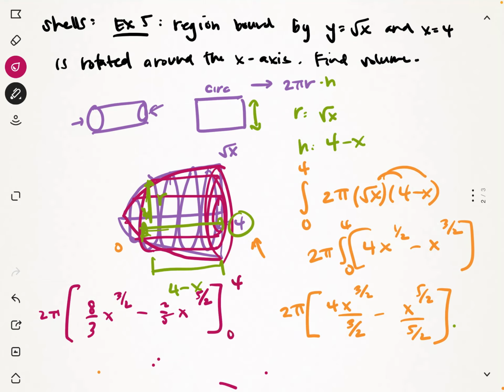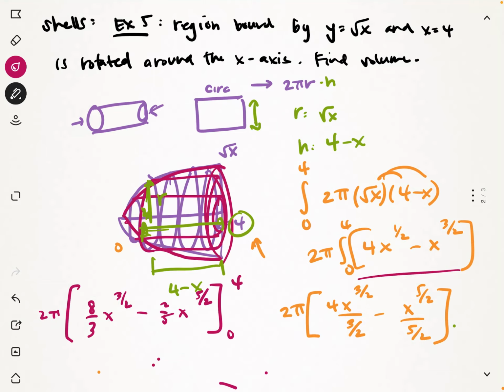Okay, so let's use our calculators here. Two pi times the integral of, we could have just done it from here.